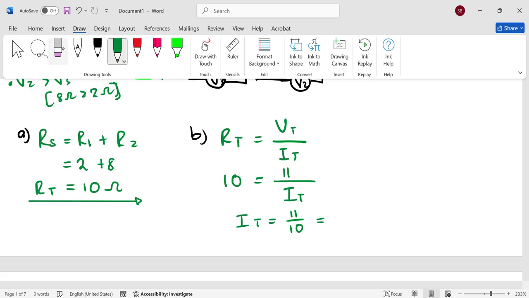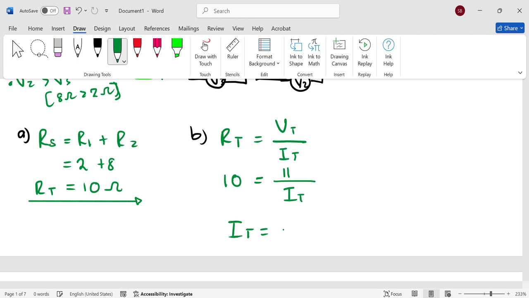Is it actually 11 divided by 10? Let's see. It should be. If I turn both sides, so if I make this 1 over 10, then this one must be I total over 11. Then I multiply both sides by 11. Yes, so that should be 11 over 10. Okay, just making sure. Can never get too fast with these things.